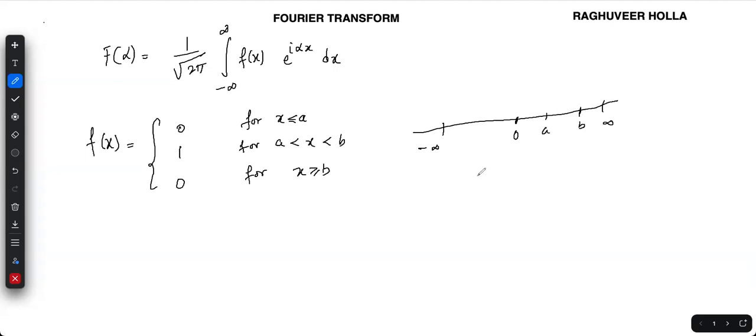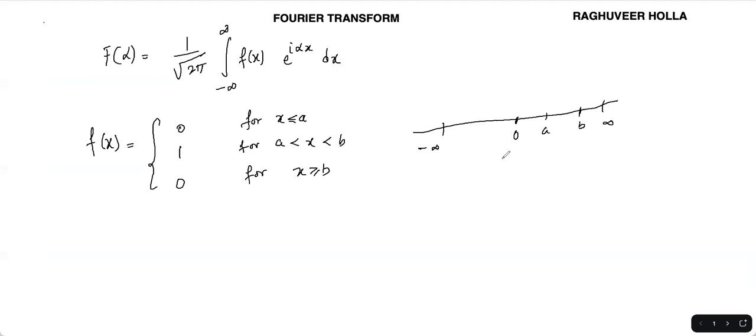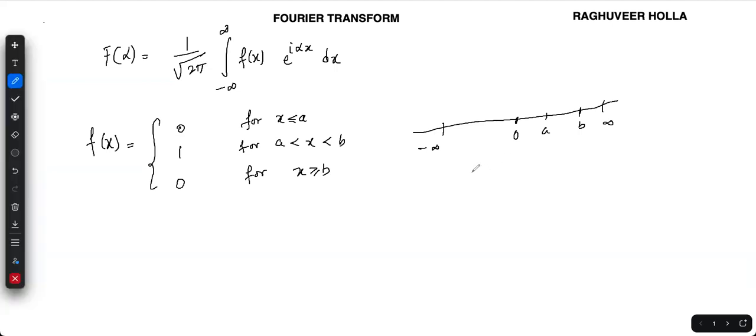So here the function is this, so we can directly integrate this. So F of alpha, using this formula, reduces to 1 by root 2 pi.